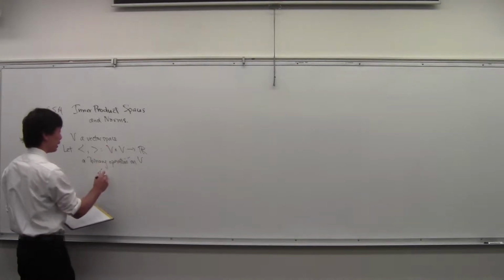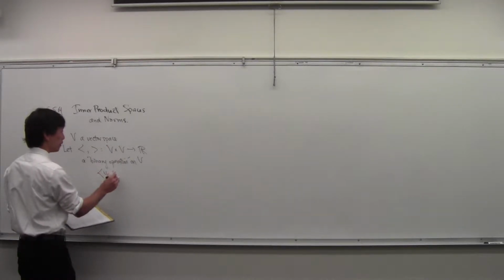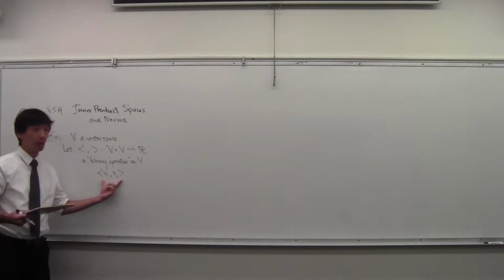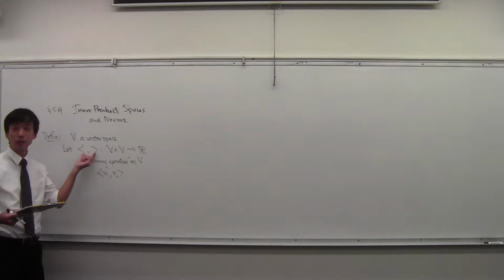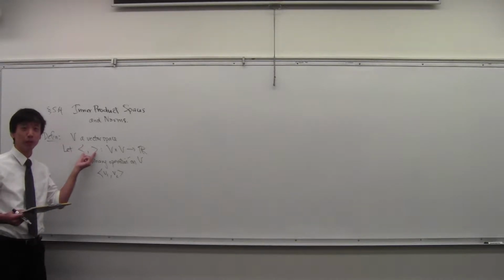So you have something in V, and you have another thing in V, and then you have this thing, which is a number.